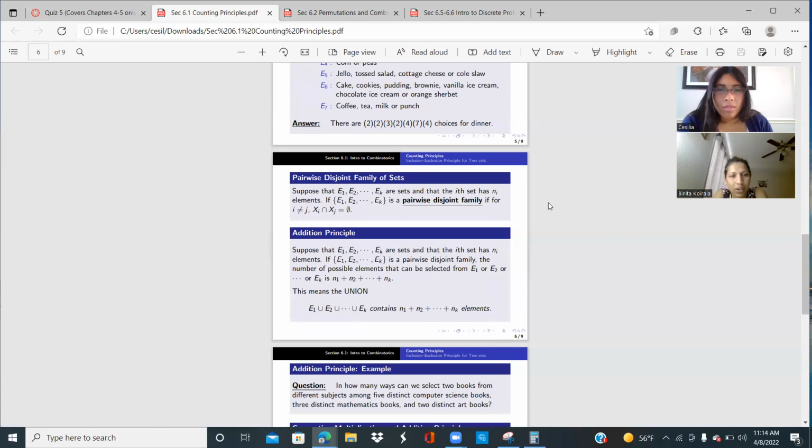E sub 1, E sub 2, E sub k is a pairwise disjoint family if for i not equal to j, E sub i intersect E sub j equals, what's that sign?